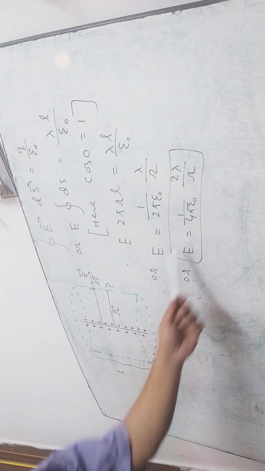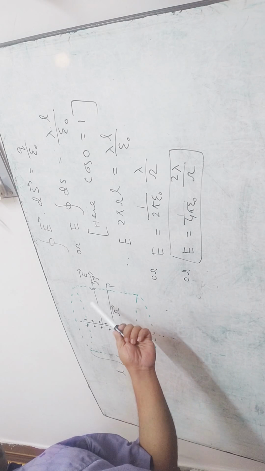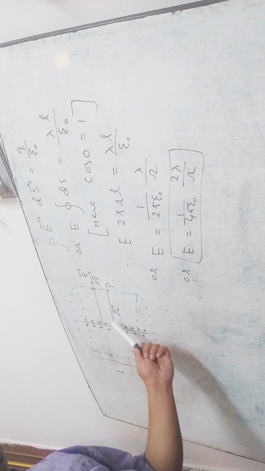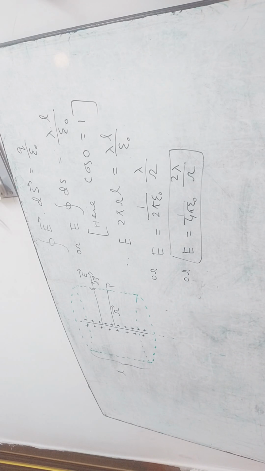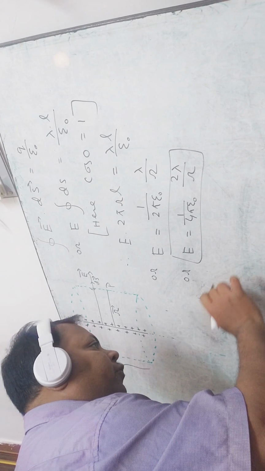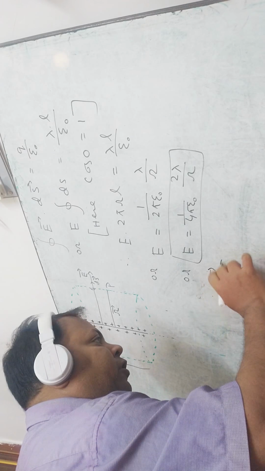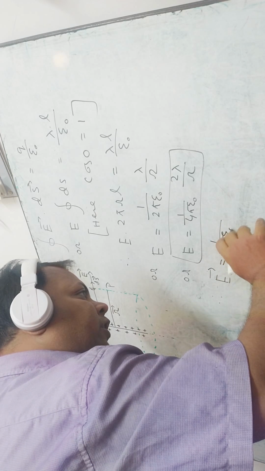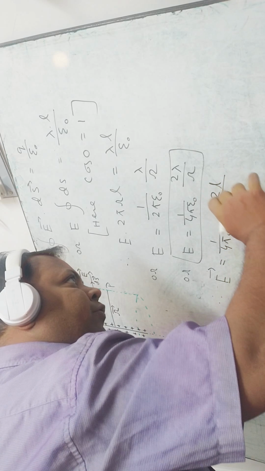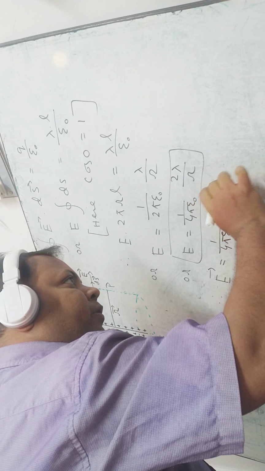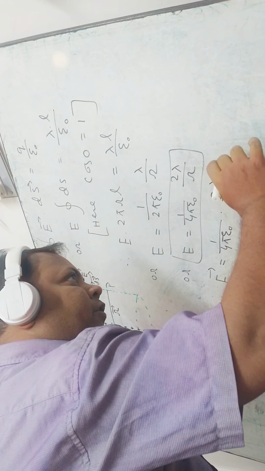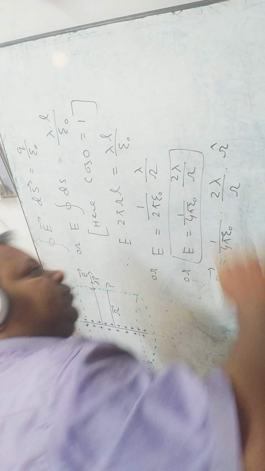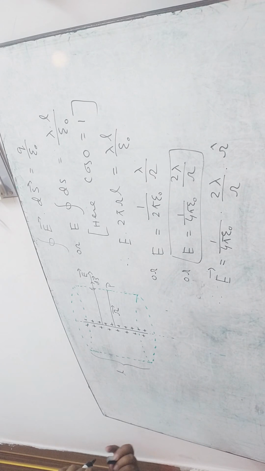This is the magnitude of the electric field at the point P, and the direction of E is parallel to the direction of R. Therefore, E vector is equal to 1 by 4 pi epsilon 0 into 2 lambda by r into r cap, where r cap is the unit vector of r.